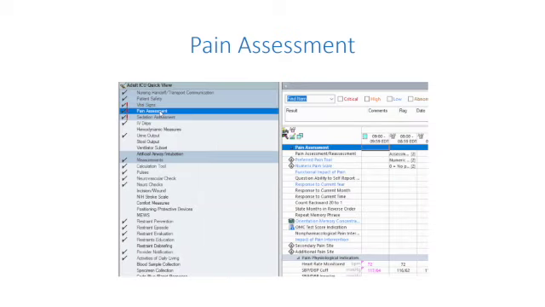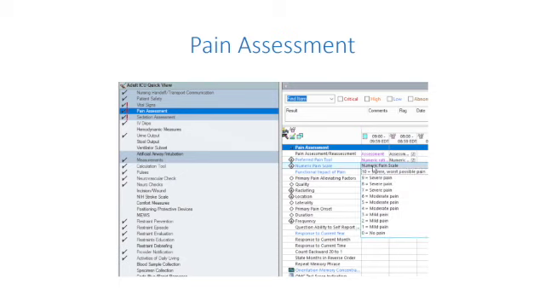To chart your pain, you're going to go to your main menu, click on pain assessment, and as you can see here, you pick either assessment or reassessment depending on which one you're doing, which scale you're using, numeric rating. You choose the number that the patient states they have pain. If it's a 0, nothing else needs to be done.